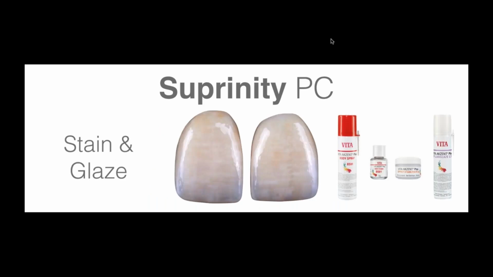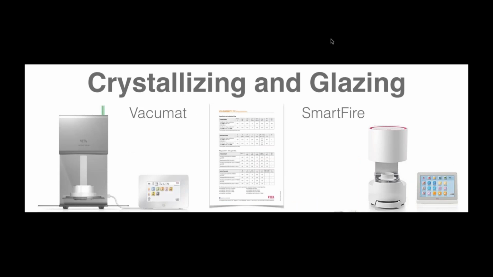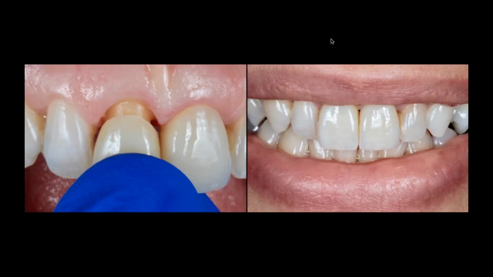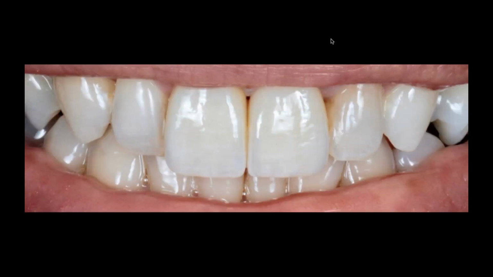So we have those two options, and we could also send this to the CEREC SpeedFire if we are a clinician doing CEREC dentistry. When I see these types of cases that are more challenging with a very difficult color, I don't try to solve it myself. I send it to a master ceramist.